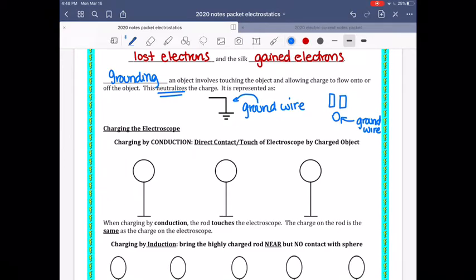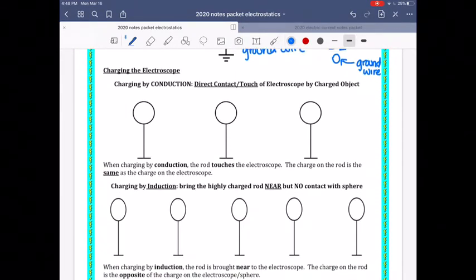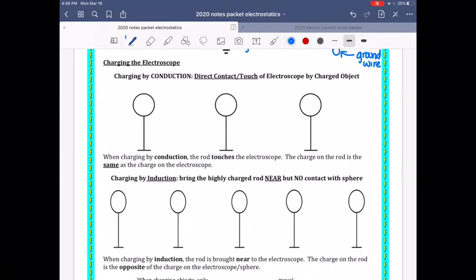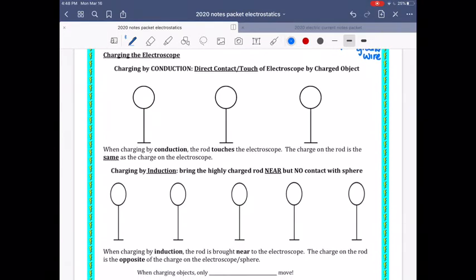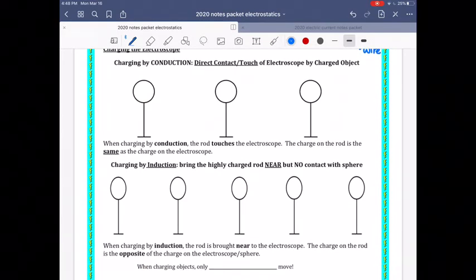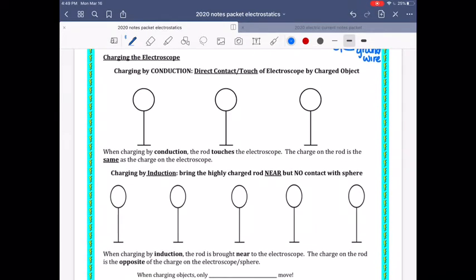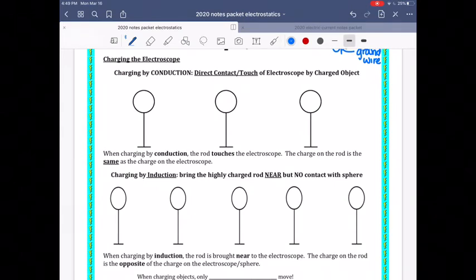And then there's usually a wire that goes directly into the ground so charges can release. Okay, but we could ground an object just by touching it. So remember when I talked about dragging your feet across the carpet and you touch the doorknob? When you touch the doorknob, you're grounding yourself and allowing charges to flow off of you, and that's why you get a shock.